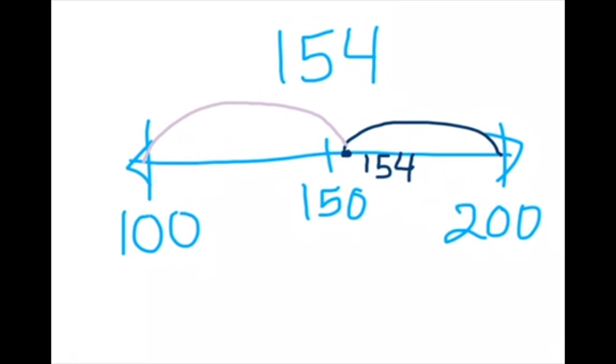Since it's past that 150, anything past that 150 is going to be closer to 200. So you should have rounded 154 to 200 when it's at the nearest 100.